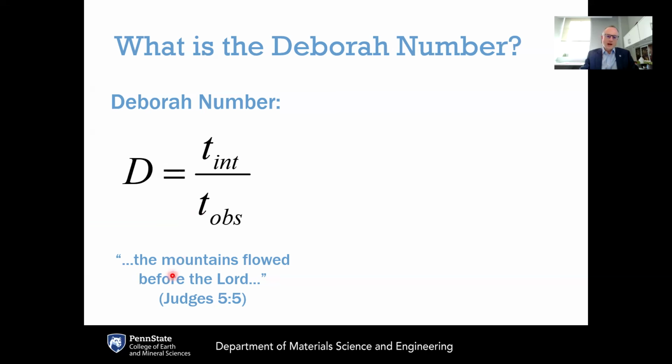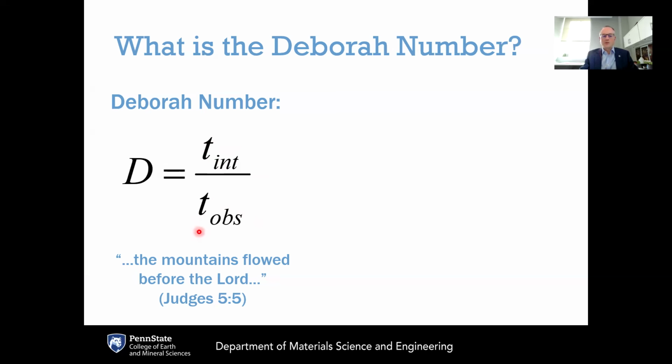So, getting back to this verse that inspired the Deborah number, "the mountains flowed before the Lord," what if we consider the time scale over which mountains flow? In the numerator here, this would be a geological time scale. This is 10 to the large number of years that it takes for mountains to flow. And this number in the numerator is much greater than the number in the denominator.